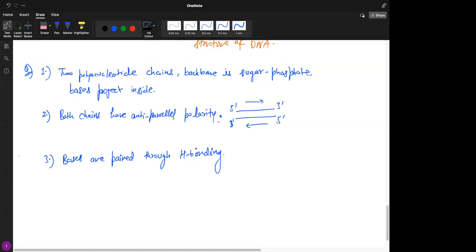And write down the answer. A purine always pairs with a pyrimidine to keep the distance between the 2 strands of DNA uniform.